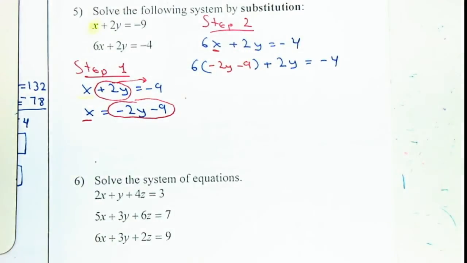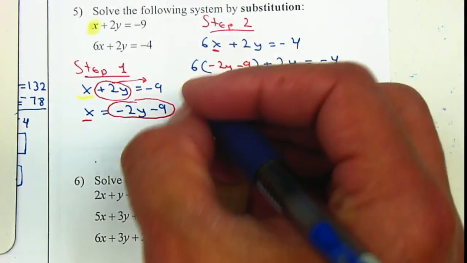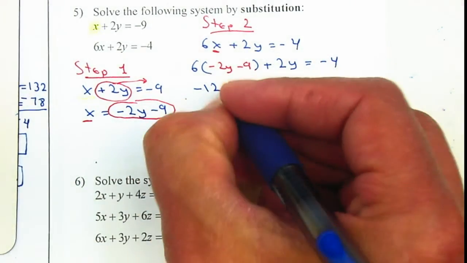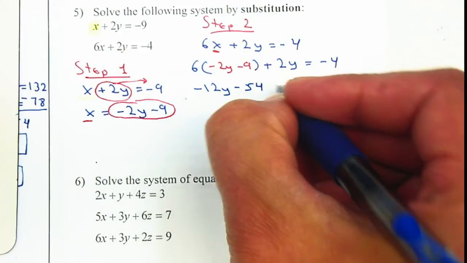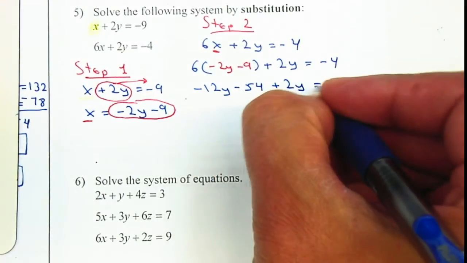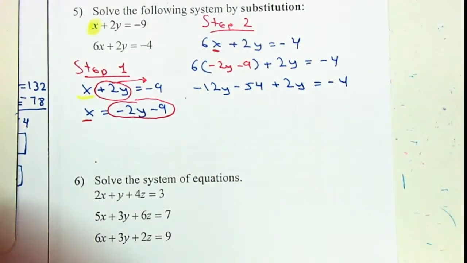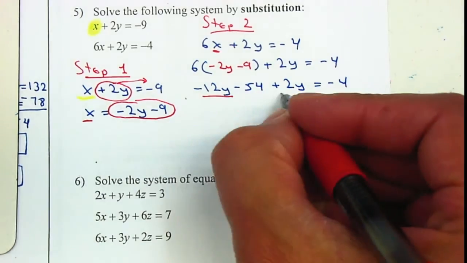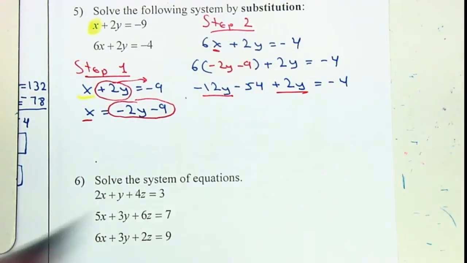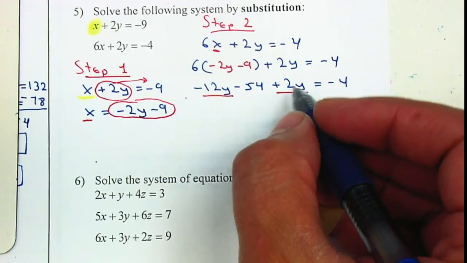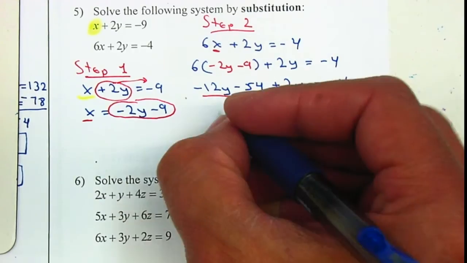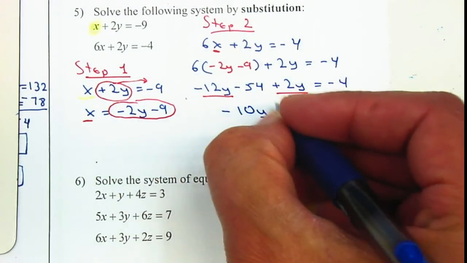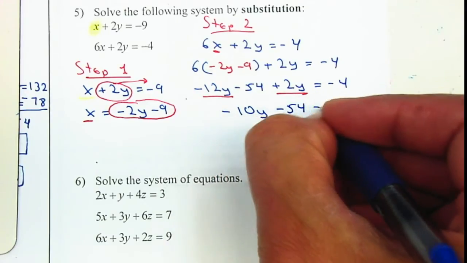I'm going to use my distributive property to simplify. So it gives me -12y minus 54 plus 2y is equal to -4. I'm going to combine my like terms, and then I can solve for y. So -12y plus 2y gives me -10y minus 54 is equal to -4.